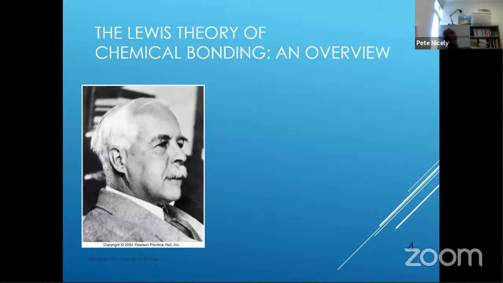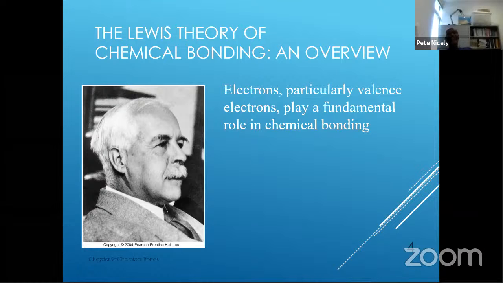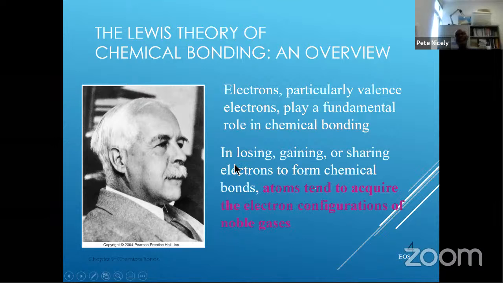So the next thing I want to talk about is the Lewis theory of chemical bonding. Basically, what Lewis says is that electrons, and in particular the valence electrons, play a fundamental role in chemical bonding, all right? What Lewis is suggesting is that when atoms combine to form molecules or ionic compounds, they lose, gain, or share electrons in order to form these bonds.